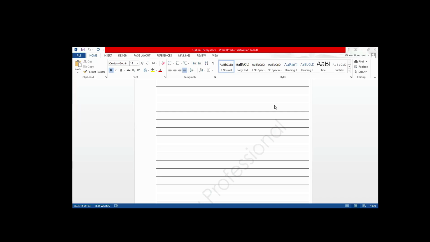To determine the price of the option, ICAN said we should use the Black-Scholes option pricing model. There are different models for valuing options. However, your syllabus specifically mentions the Black-Scholes option pricing model.